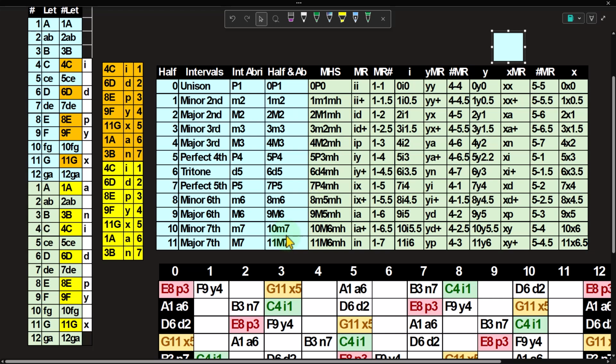Now remember that normally this minor 7 means that it would be like a 6.5 from the perspective of the majors. So this basically means that it would be a 7, but it's been flattened from the perspective of the major, right?